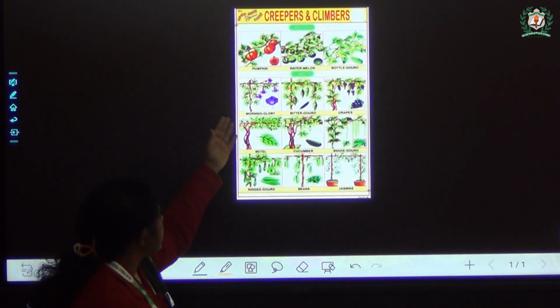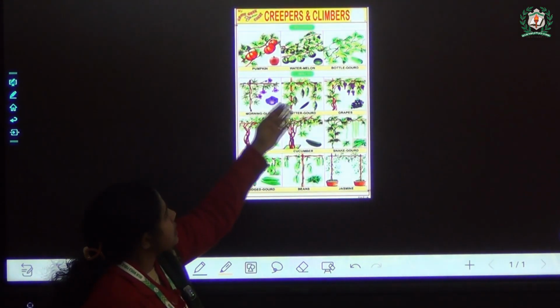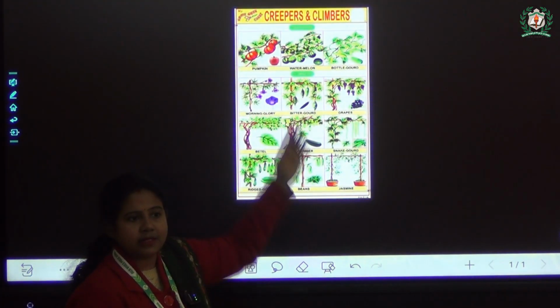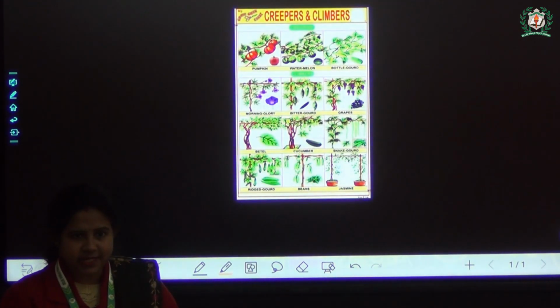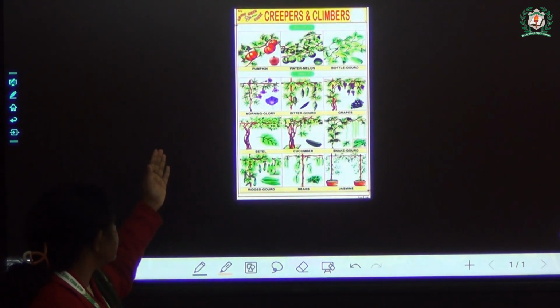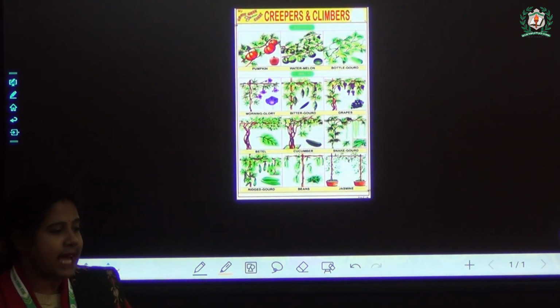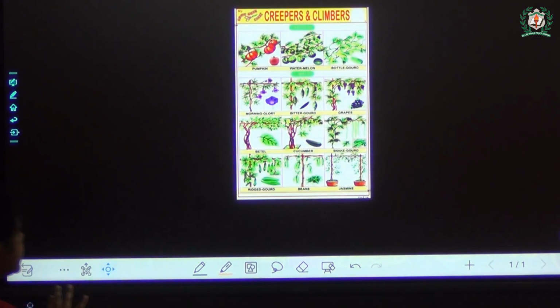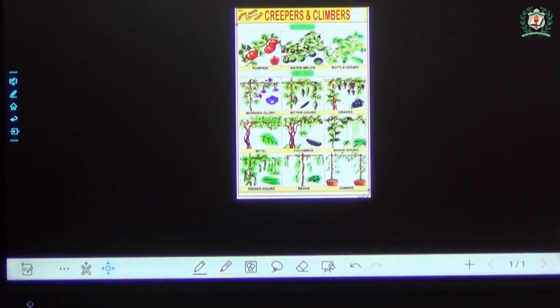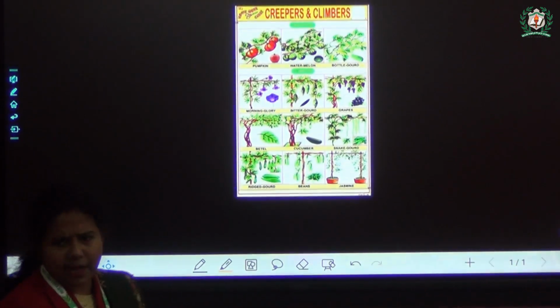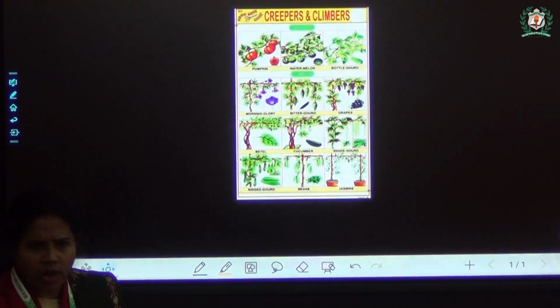Have a look, all the fruits of those plants are so heavy, isn't it? Yes. So this is the common example of creepers. These are the types of plants and I have introduced you to some examples. These are not all.